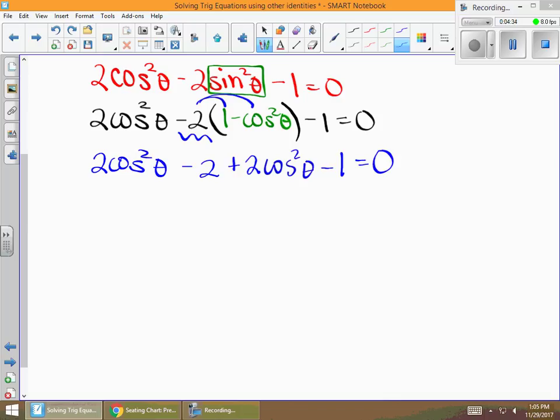We have 2 cosine squared here and 2 of them here, so that's 4. Yep. -2 minus 1 is -3. To get our cosine squared all by itself, we're going to add 3 and divide by 4.